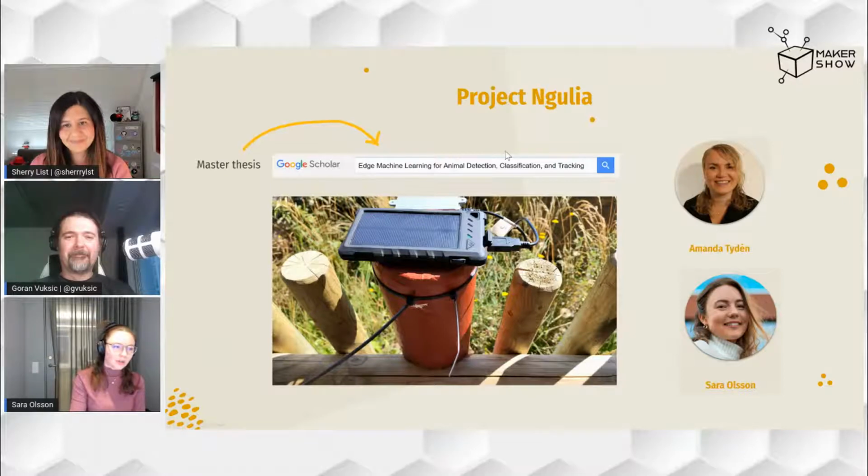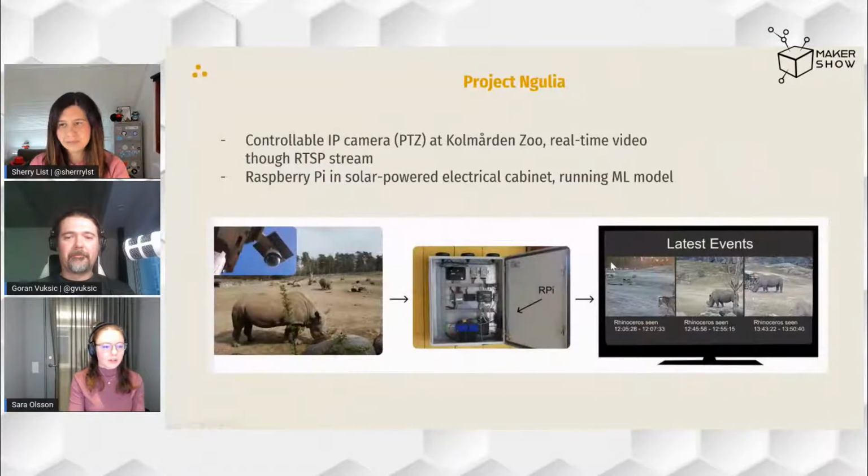In that paper, we are more focused on model architecture and algorithms for tracking the animal in video content. We tried a different set of hardware setups. This one was the first one. We had a controllable IP camera.